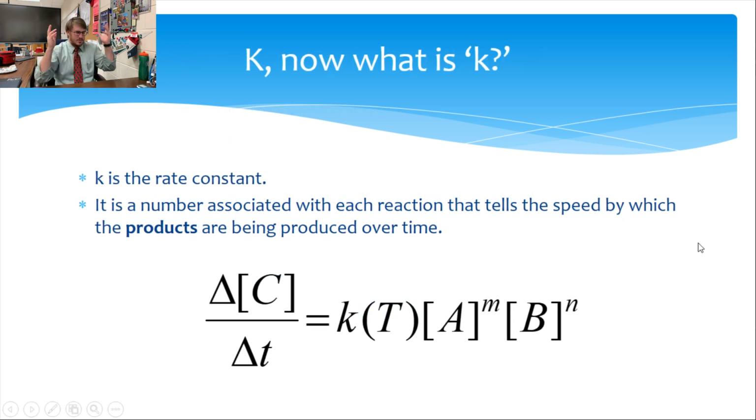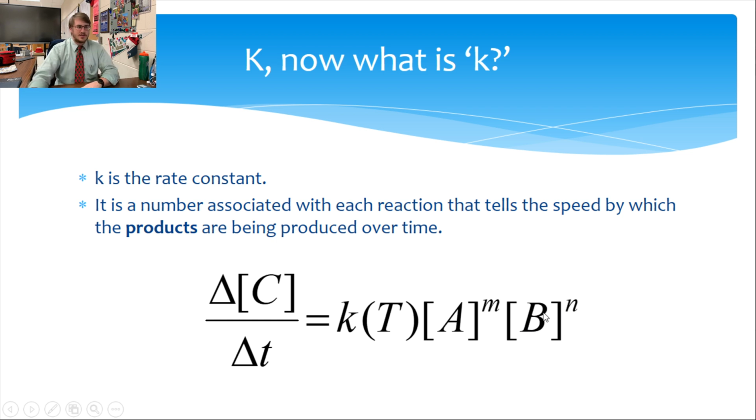But first, you're like, wait, K? What is a K? K is this rate constant. I mentioned it before. It's a number associated with each reaction that tells the speed, the rate by which products are being formed. So we say that the change in concentration of the products, where C means concentration and the brackets tell you concentration, over time, how fast that's occurring, is equal to the k value, the rate, times product A raised to its coefficient m, and B, another product, raised to its coefficient n.